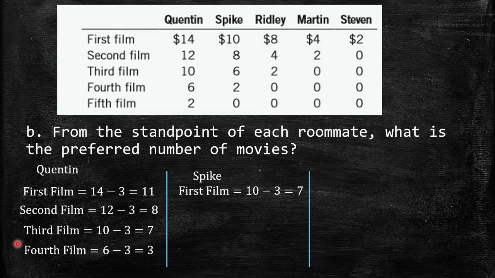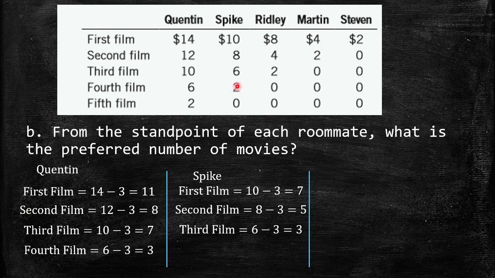Moving to Spike, we have the first film, 10 minus 3 is equal to 7. The second film we have 5. Third film we have 3. And then the fourth film doesn't make any sense because 2 is lower than 3.